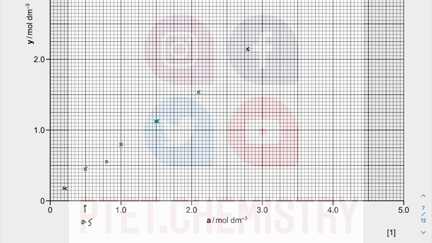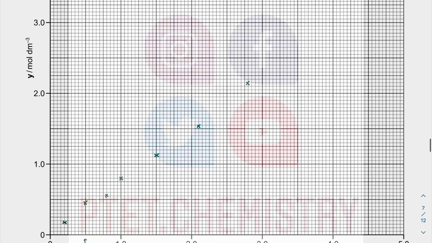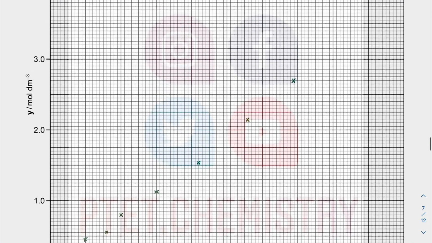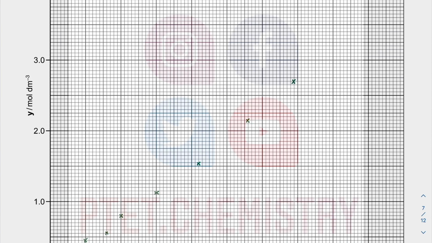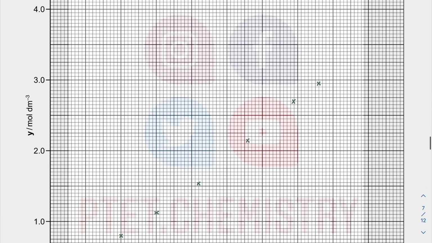3.4 and 2.7, so 2.5, 2.6, 2.7. 3.8 and 2.93, so that's close to 2.95. 4.2 and 3.33, so 3.3 is roughly there.